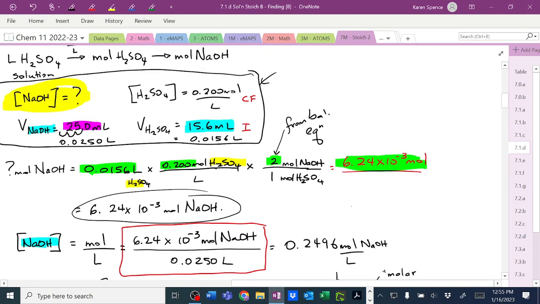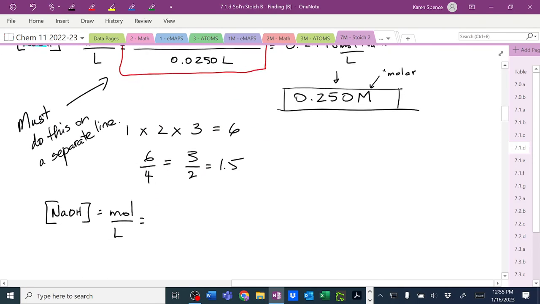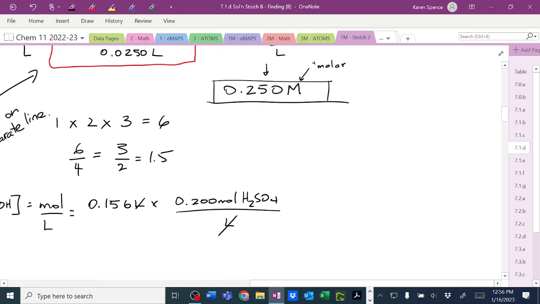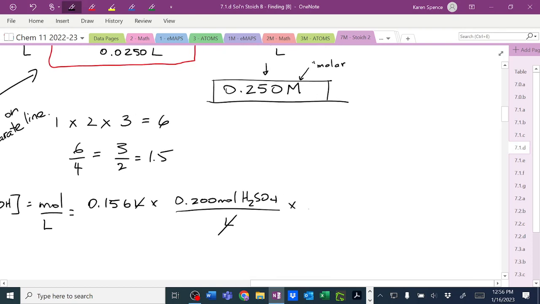And we started with 0.0156 liters times 0.200 moles of H2SO4 per liter times 2 moles of NaOH for 1 mole of H2SO4.